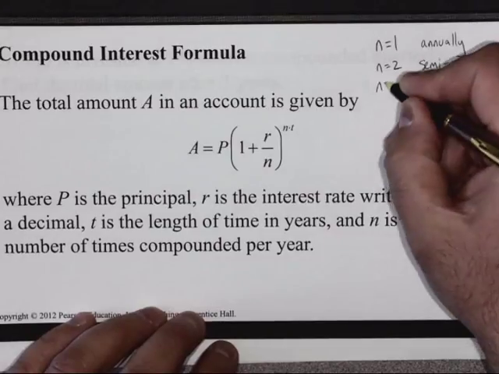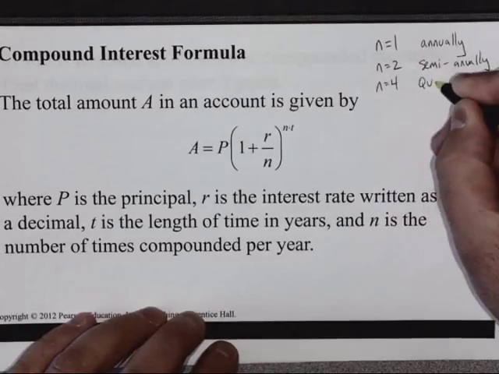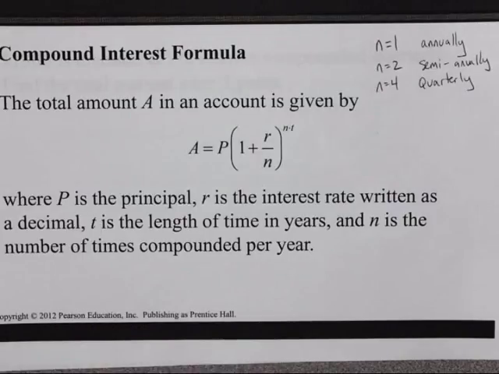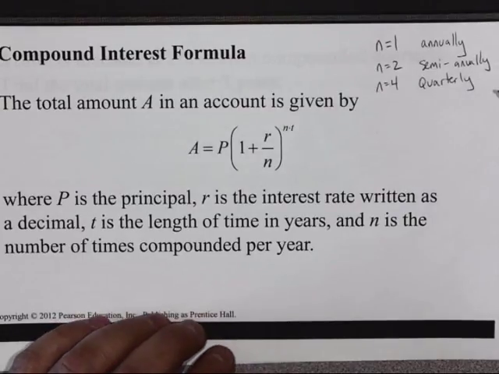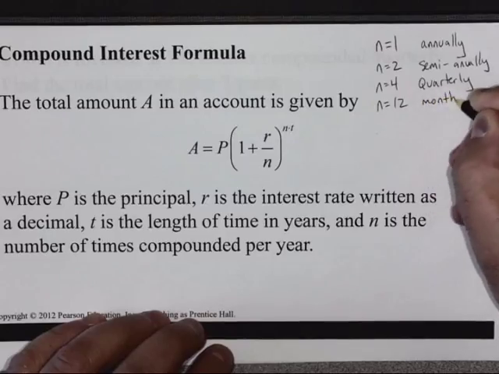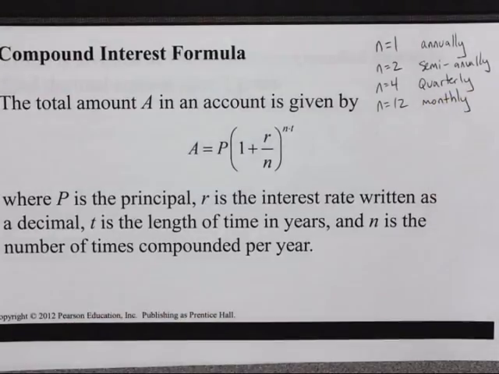If N is equal to 4, interest is taken quarterly, so every 3 months. If N is equal to 12, it's monthly, and that's generally how things work, is interest is taken monthly.